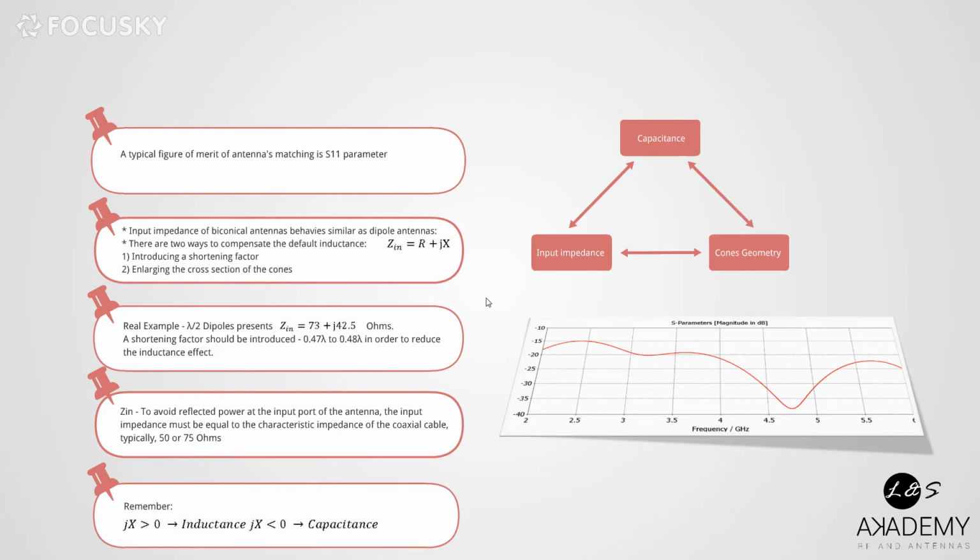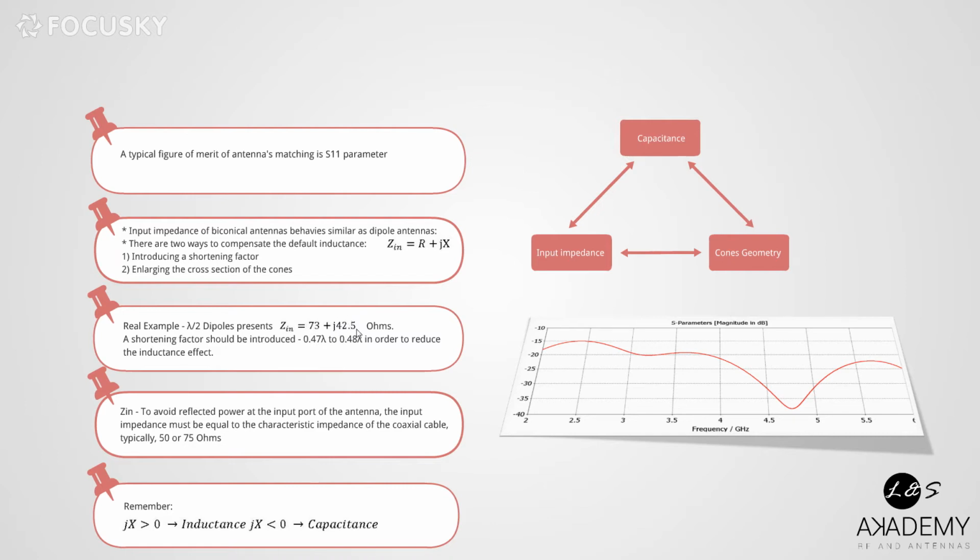So a real example of the first case, the first way to compensate that: a λ/2 dipole presents this input impedance with the real part and the inductance part. Introducing a shortening factor on the length, for example reducing the length to those values, is a good way to reduce the inductance factor.